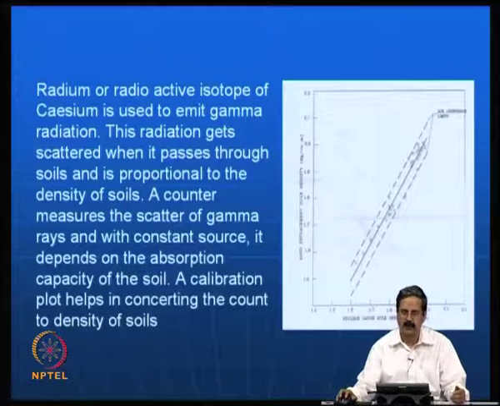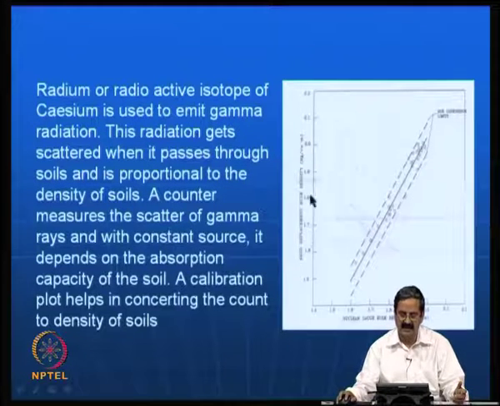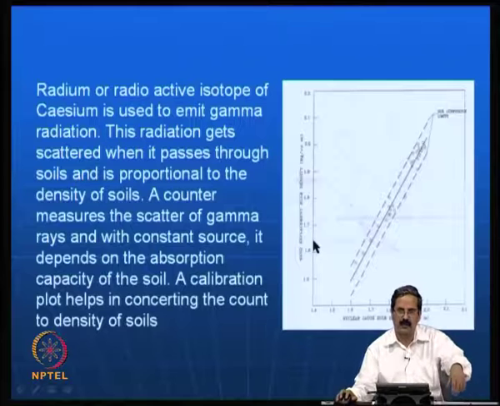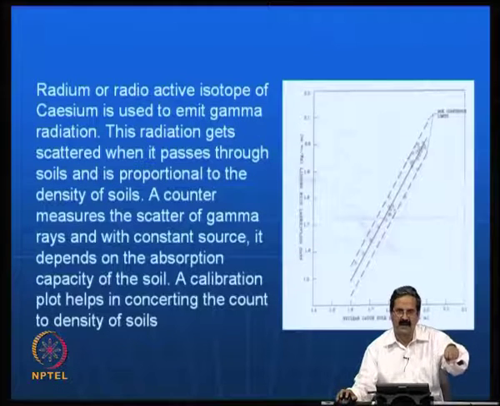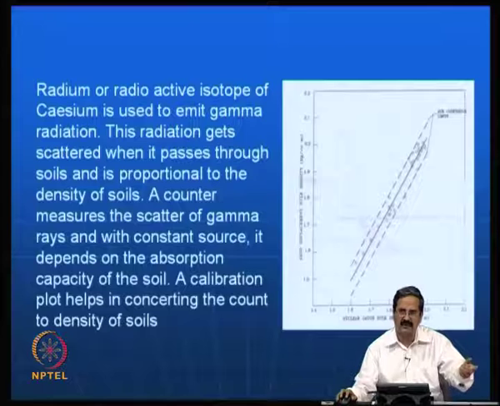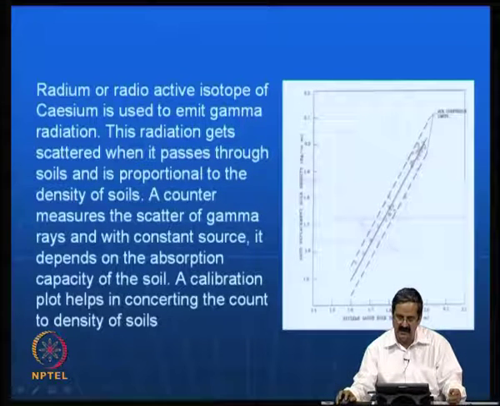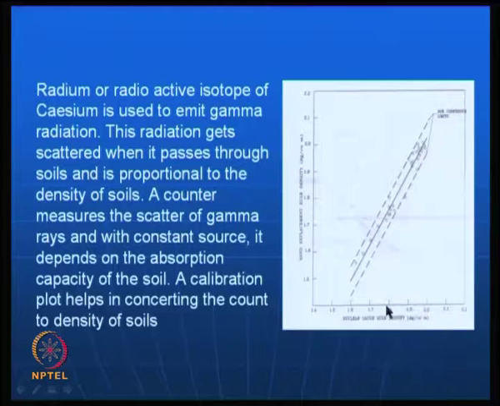So, for example, in a big highway project it can be done very fast and very efficiently compared to, say, the sand replacement method, where you keep on making the holes, then take the sample, then go back, and after 24 hours you get the water content and density. Compared to that, using nuclear density measurements is much better.